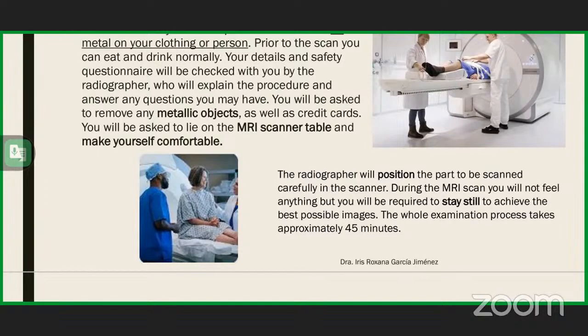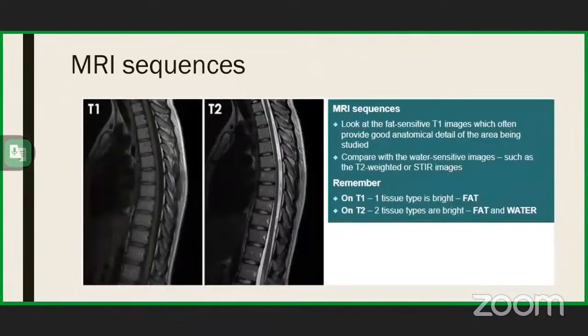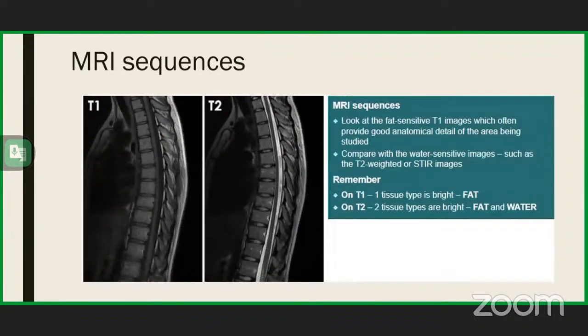During the MRI scan, you don't have to move, you have to stay still. Relax, stay still, and the imaging is going to be proper. So don't worry. It usually takes 45 minutes to study one section of the body. And according to this, we get the MRI sequences.